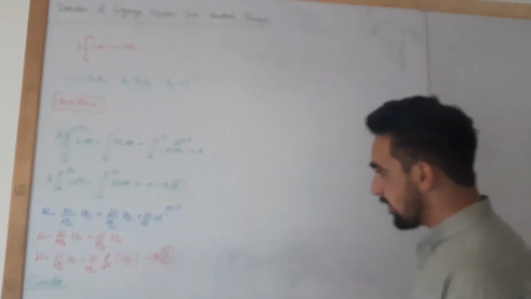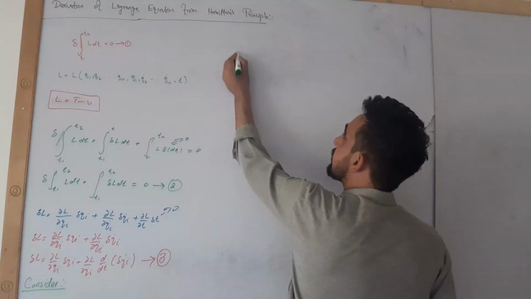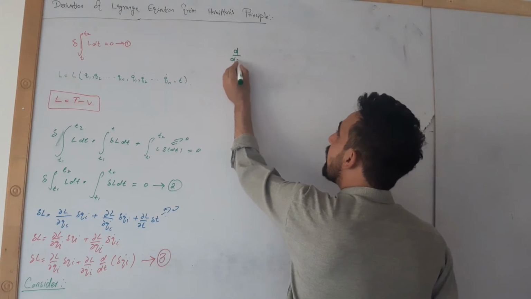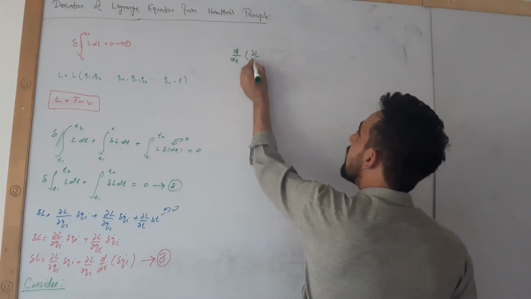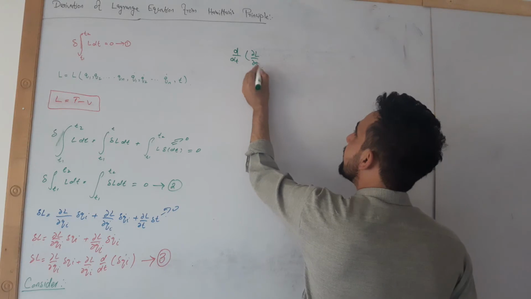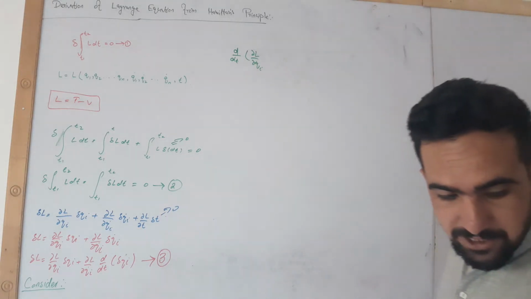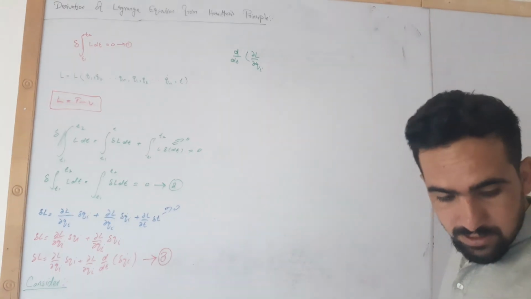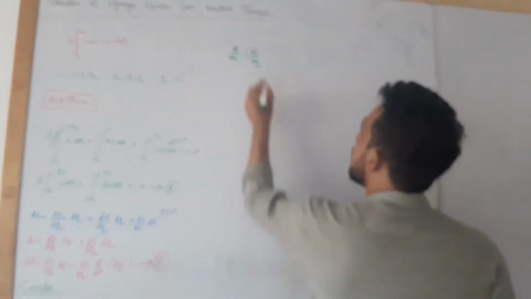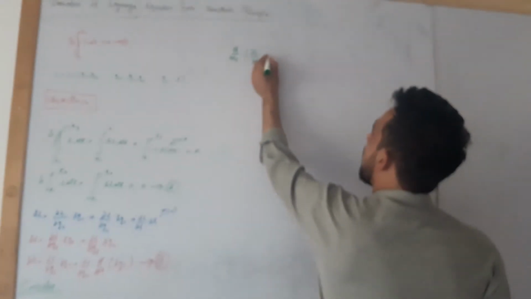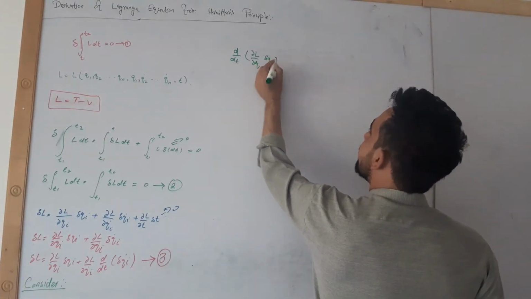Consider the term d by dt of partial L by partial qi dot del qi.